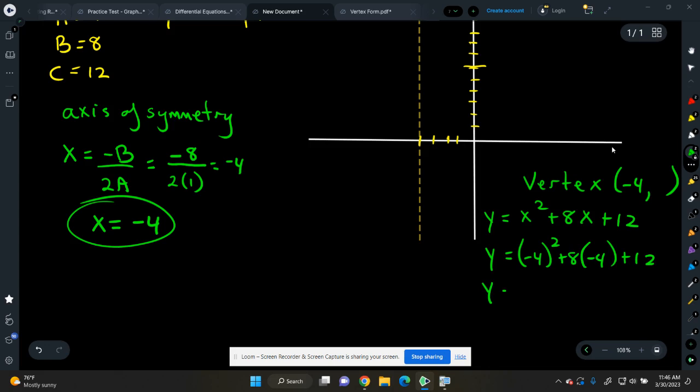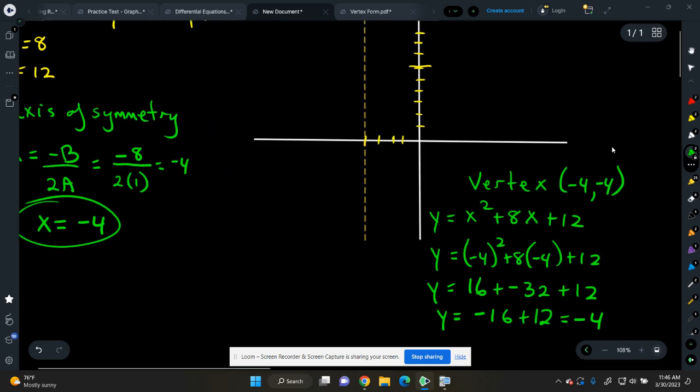That gives me positive 16 because negative 4 times negative 4 is positive 16, plus negative 32, plus 12. That gives me 16 plus negative 32 is negative 16, plus 12, which is negative 4. So my vertex is the point negative 4, negative 4.